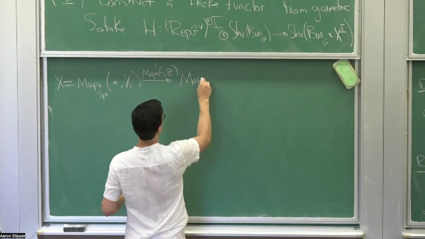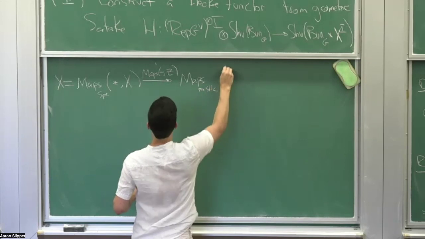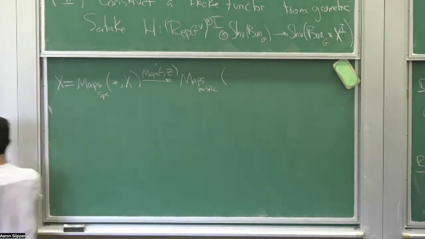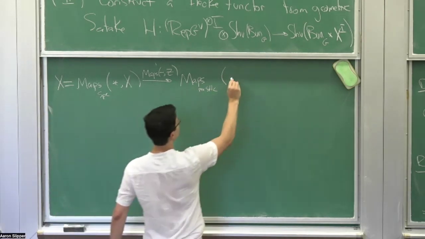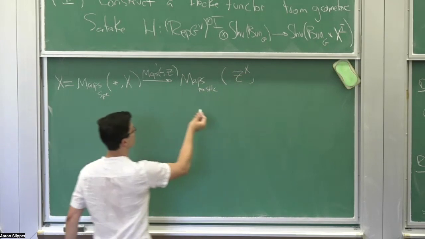And now this is living in the category of stacks. And then maps from X to Z, I denote by Z to the X. And maps from point to Z is of course Z.